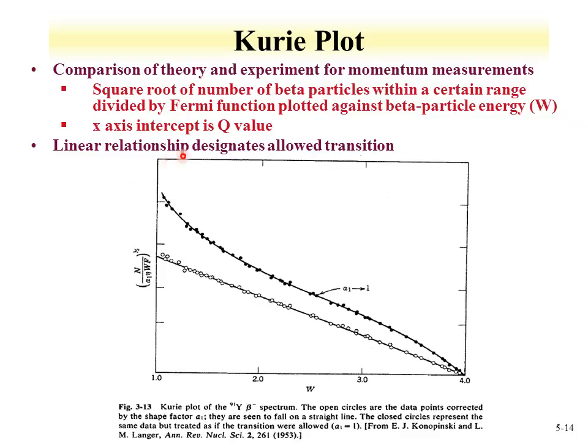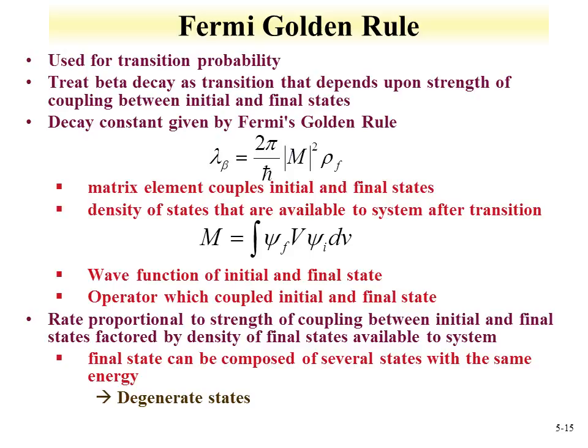If the relationship is linear, such as here, that's going to be an allowed transition. If it's nonlinear, that's going to be a forbidden transition. The other observation of the Curie plot is that the x-intercept winds up being the Q value for the decay.